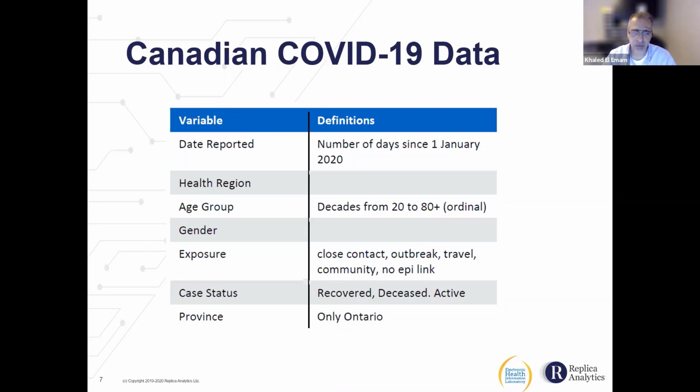So there's a date reported, which we converted to a number of days since January 1st. There's the health region, there's the age group. The data was collected as decades, gender, and then exposure. You have different categories there. The case status, so whether the patient recovered, is deceased, or the case is still active, and then the province.